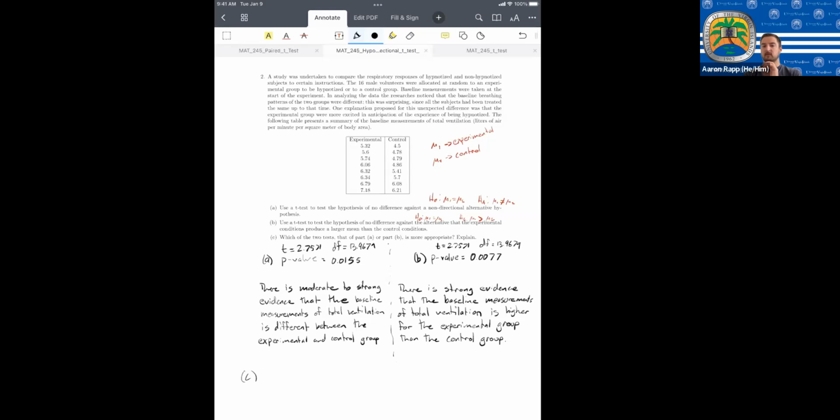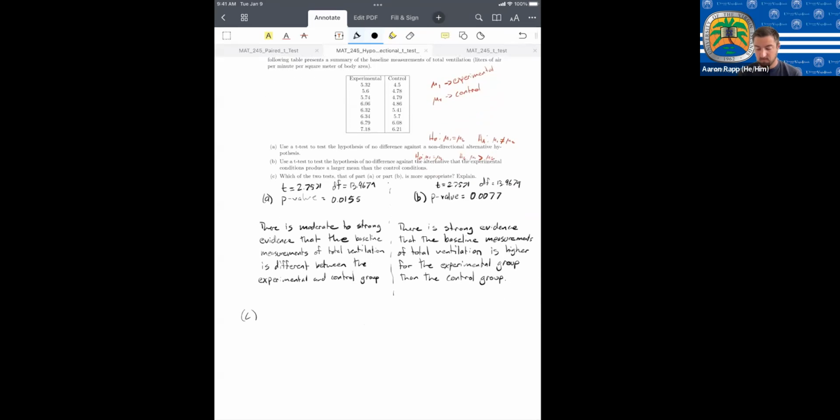If we reread the scenario, it just says baseline measurements were taken for both groups before the experiment, and then in analyzing the data, the researchers noticed the baseline breathing patterns. So that alternative hypothesis is being formulated by the data, not the science itself. So the more appropriate one to use would have been the non-directional.